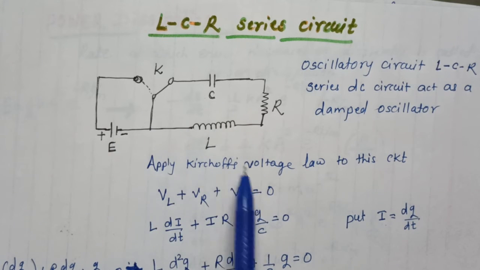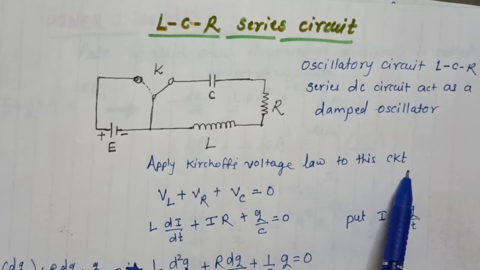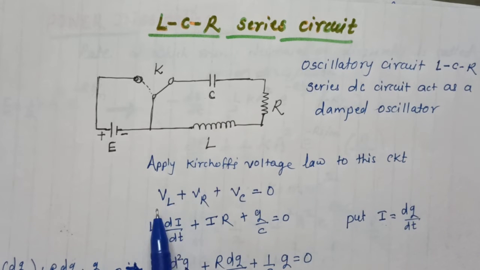Apply Kirchhoff's voltage law to this circuit, then we have VL plus VR plus VC is equal to 0. The value of VL is L into di by dt, plus IR plus Q upon C is equal to 0.